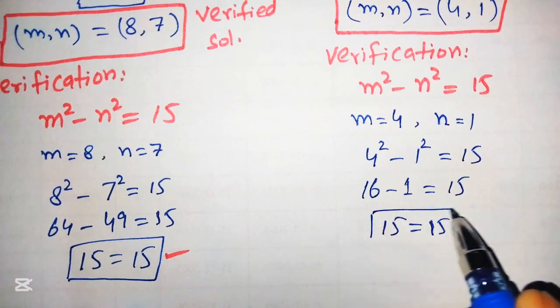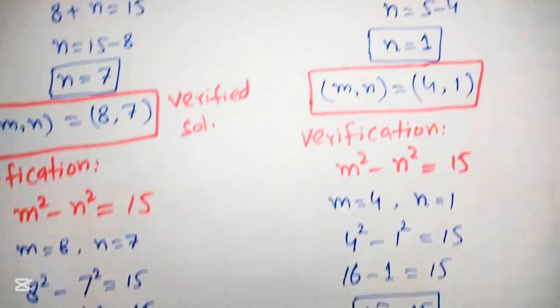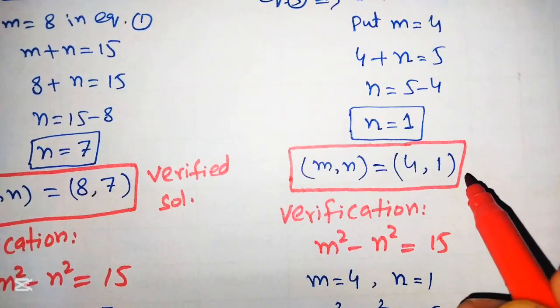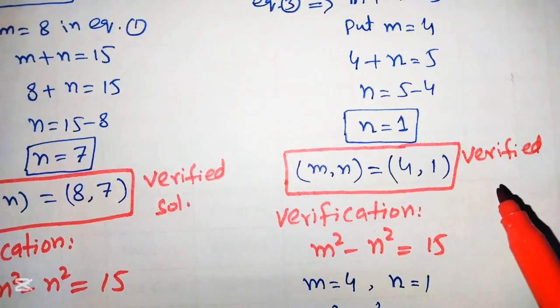So left hand side is equal to right hand side, and from this we conclude that this solution pair is also a verified solution. So m, n is equal to 4, 1 is a verified solution.